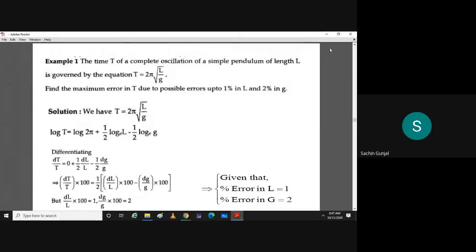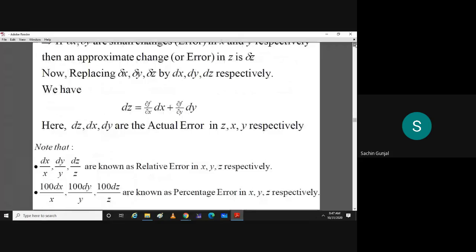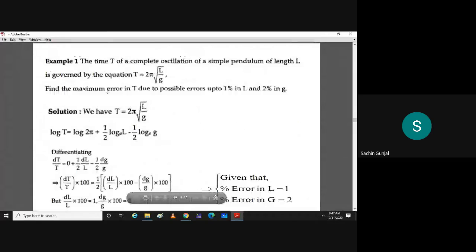First one is actual error, second one is relative error, and third one is percentage error. There is no mention of the type of error, but you can check that the errors given in L and G are in percent. Therefore, you need to find percentage error in T.